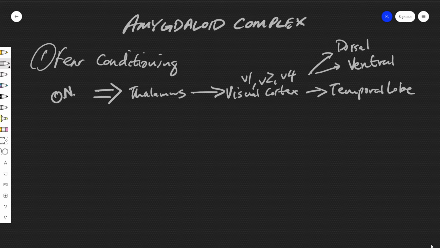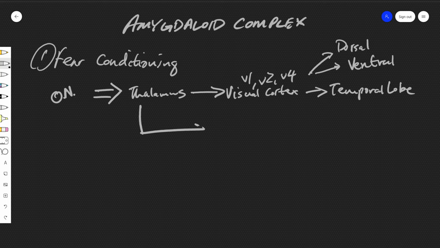Talked about when we're looking at sensory information processing, and after it's being processed at the visual cortex or the auditory cortex, the information will split into two different pathways.